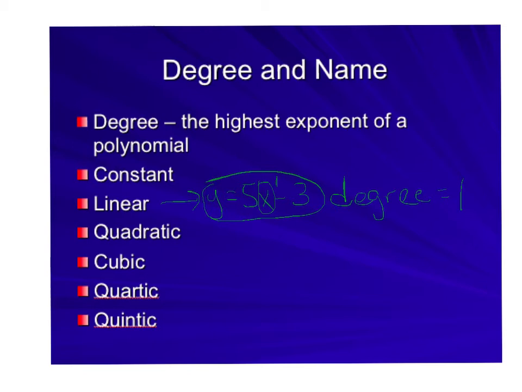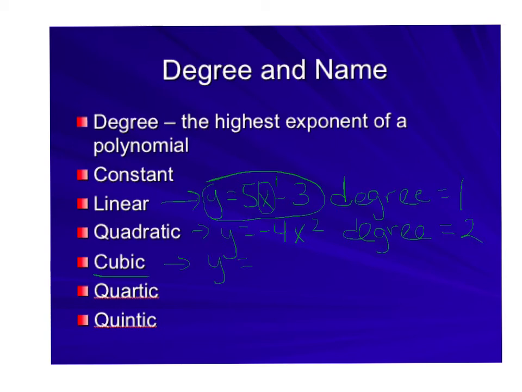Okay. Quadratic, we've covered that one as well. So that highest degree, highest exponent, would be a 2. For example, negative 4x squared. So there, the degree is 2. Okay? We have also talked about cubic a few times, and so the degree or highest exponent for a cubic would be 3.